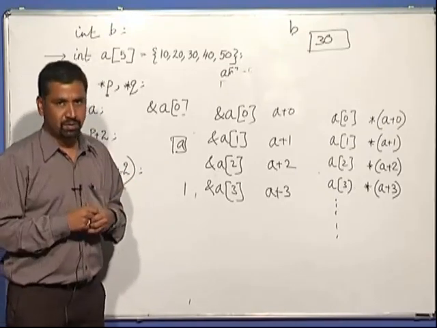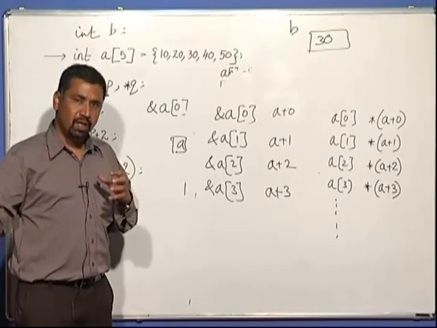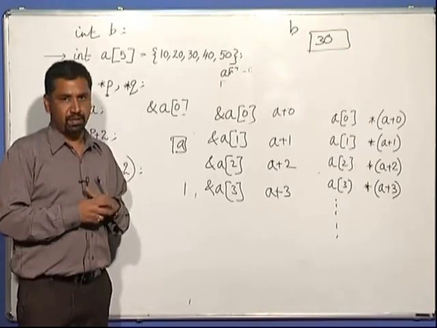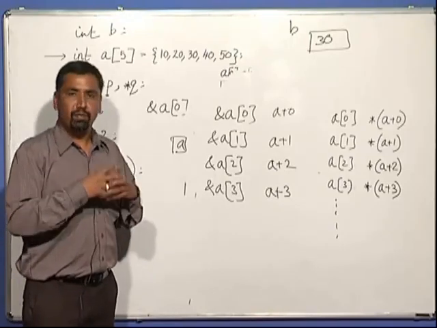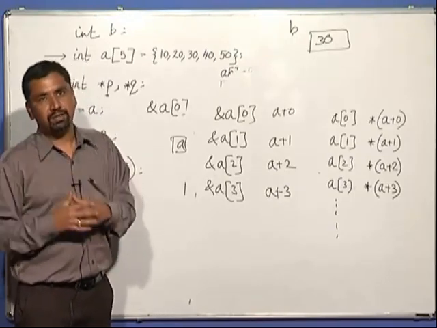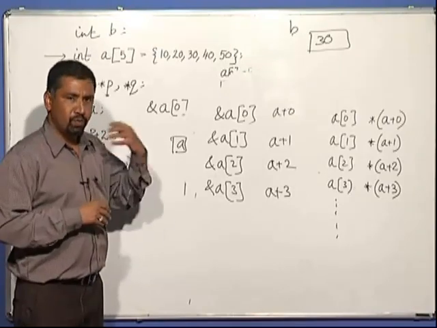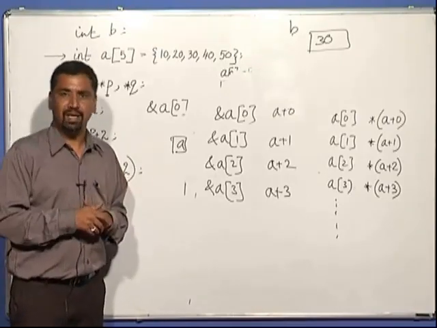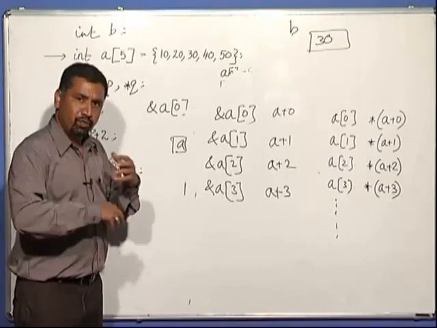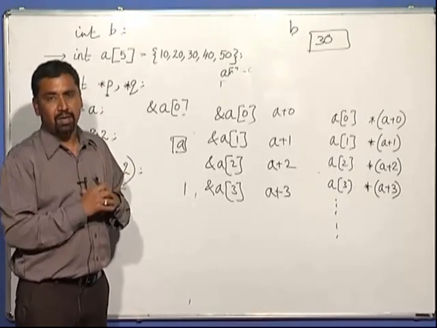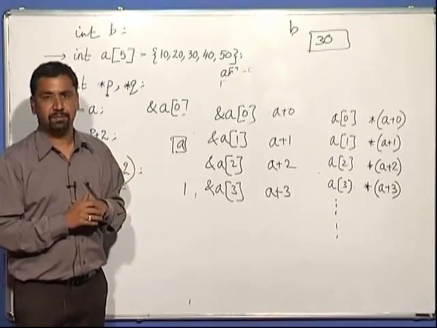An integer pointer can hold only the address of integer variables. A float type of pointer can hold only the address of floating point variables, and so on and so forth. So pointers are basically used to deal with addresses, and we use the dereferencing operator, the star operator, to get the value at that address.